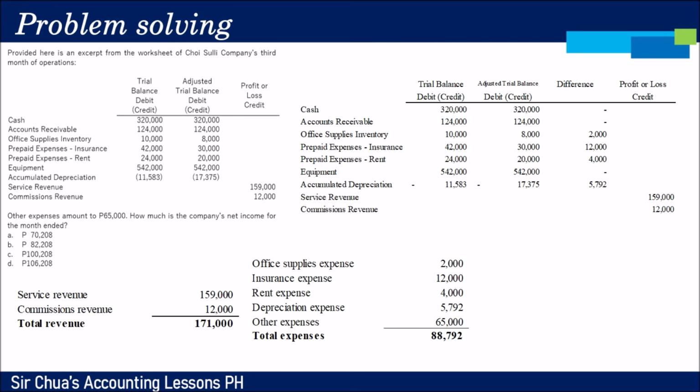Office supplies expense 2,000, insurance expense 12,000, rent expense 4,000, depreciation expense 5,792, and remember, we have all other expenses of 65,000, to give you total expenses of 88,792. So total revenue 171,000 less expenses 88,792, just subtract the two, and you will get a net income of 82,208.